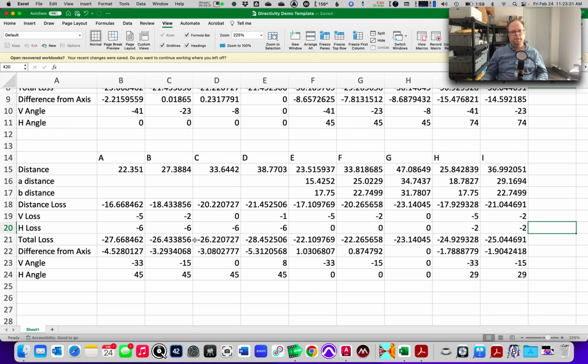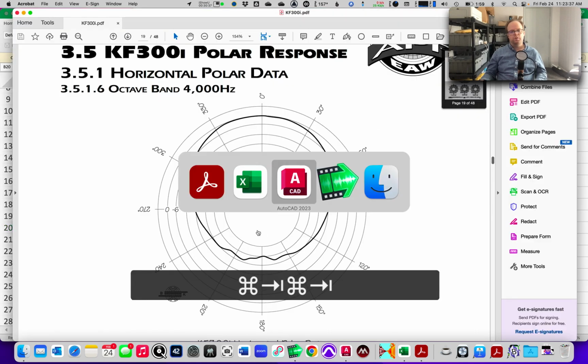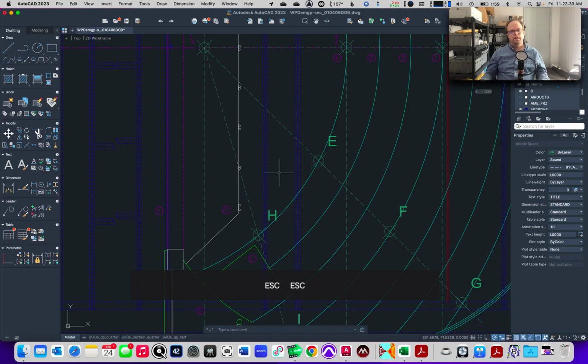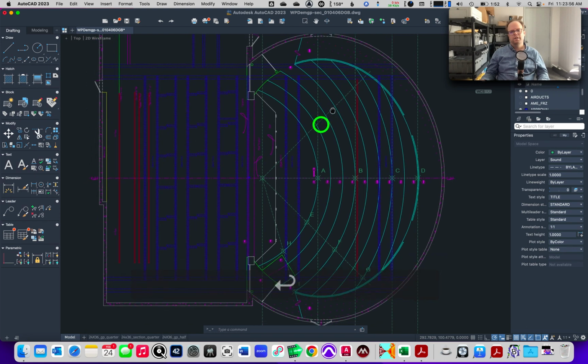Okay, so here's the interesting thing. All these -6s, that is true if I have one loudspeaker. So if I have one loudspeaker and I do point it over to the side, then yes, over here in the center line it would be -6. But in reality, I'm going to take another loudspeaker. So I'm going to have a second one over here that's pointed this direction.